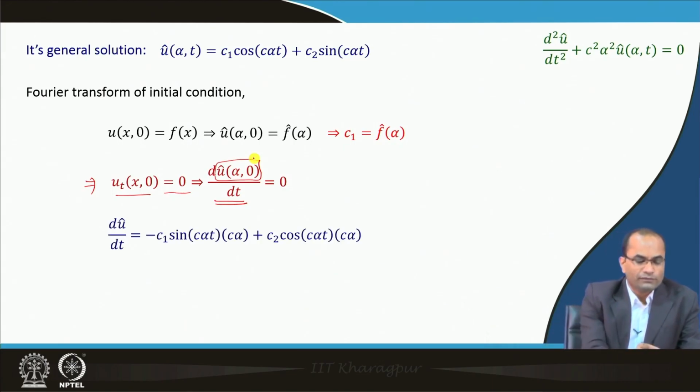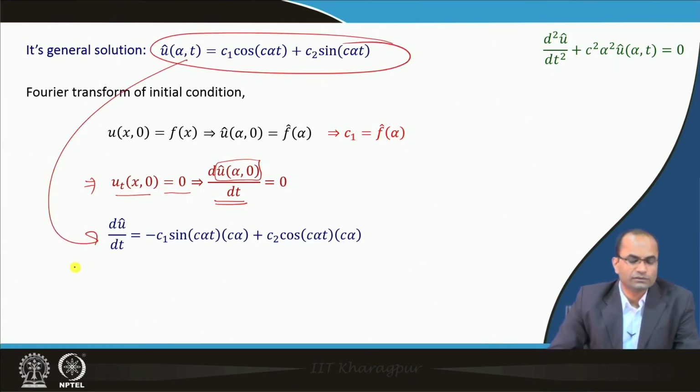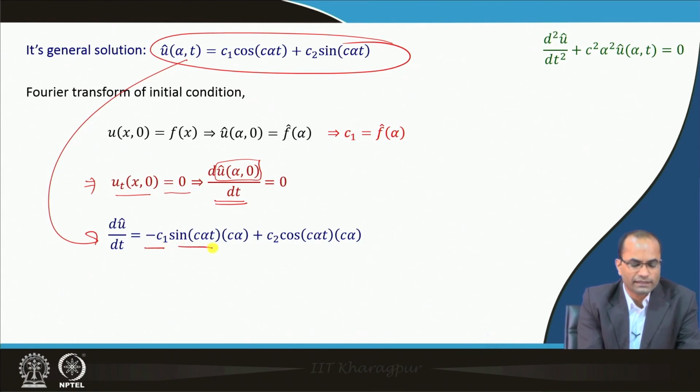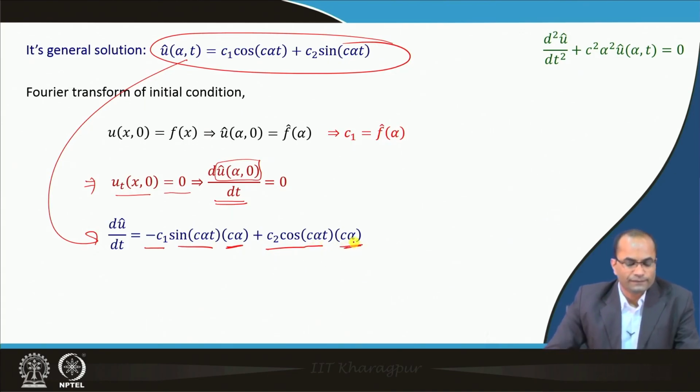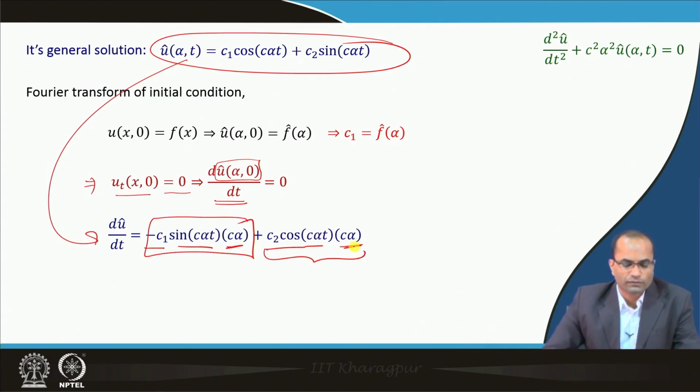So, we first differentiate the given solution with respect to t. We will get minus c 1 sin, and then c alpha will come. Similarly, for the second term we will have c cos, and then this c alpha term will appear, and again when we put t equal to 0, the first term will become 0 and we will get the result from the second one.